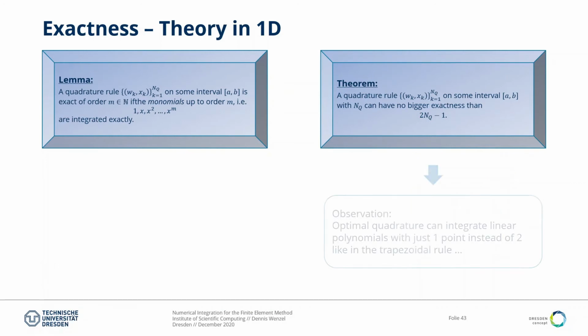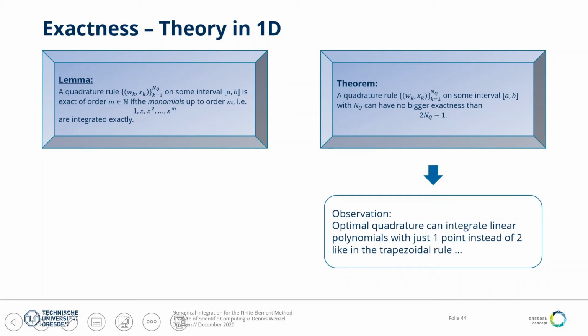And, well, if you think about this and look at the numbers, then you see that if I set nq to 1, so I take only 1 point and weight, this gives me 2 times 1 minus 1, so that's 1.